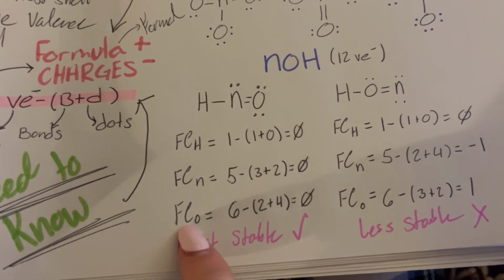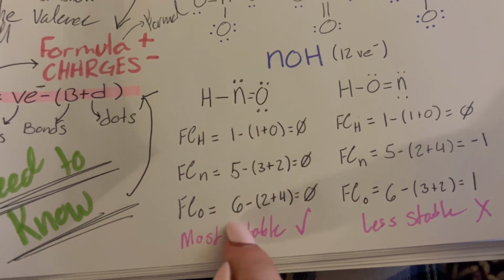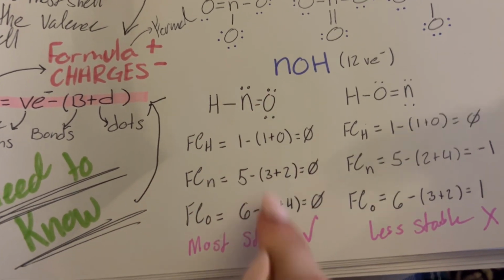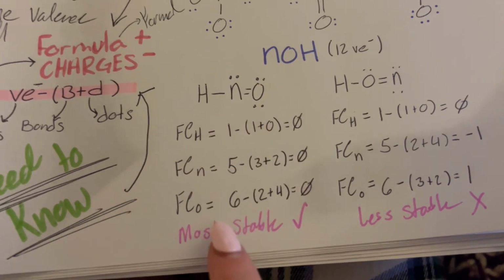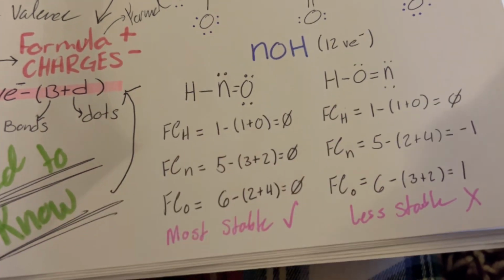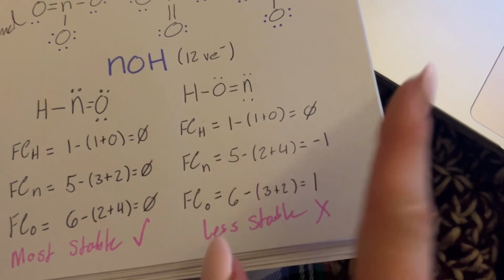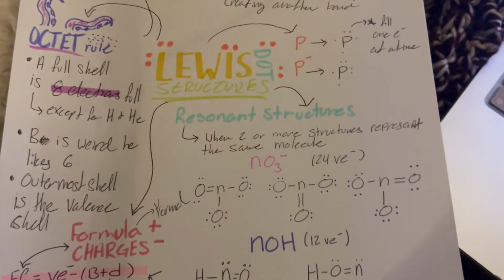Oxygen normally has 6 valence electrons, minus 2 bonds, and 4 dots, equals 0. This is the most stable because everything is 0. You get the gist. This is formal charges. Anyways, I have another video on Lewis dot structures if you need more help.